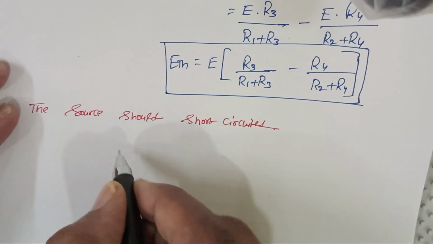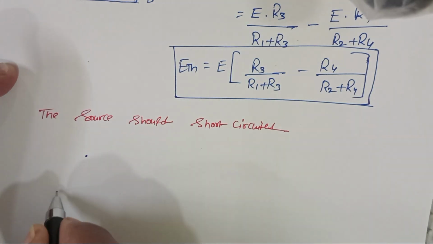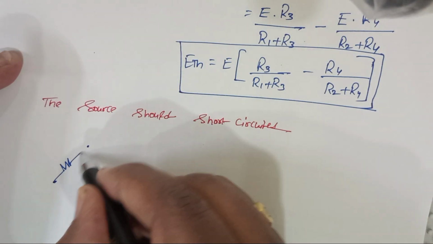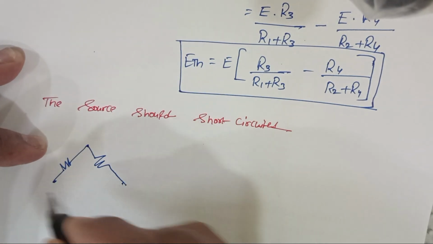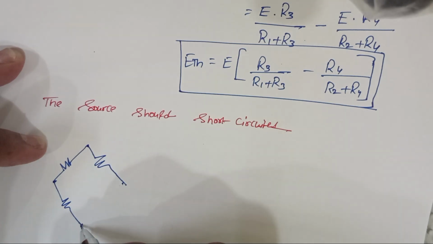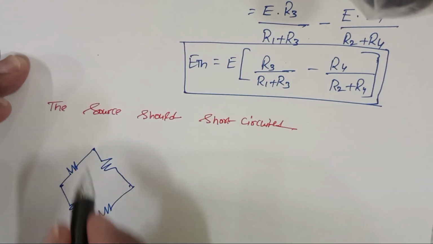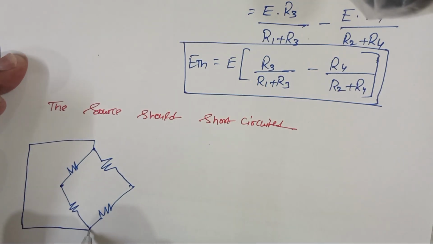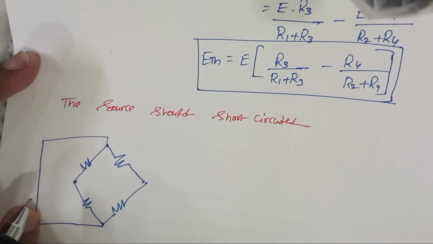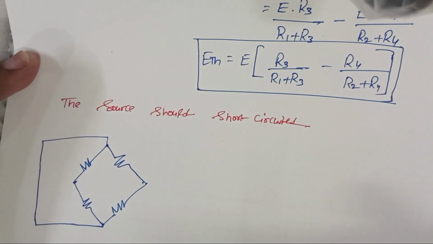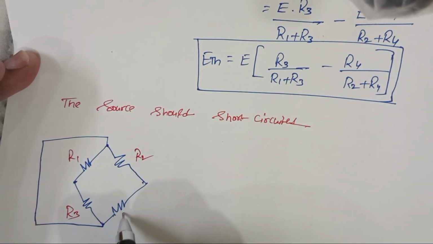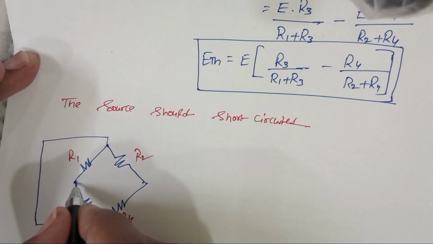Now I have R1, R2, R3, R4, and the source is short circuited.